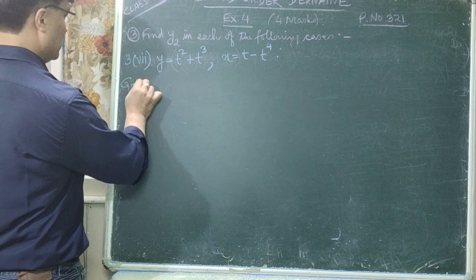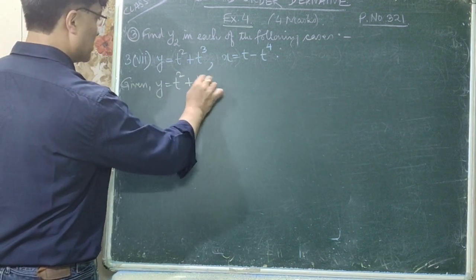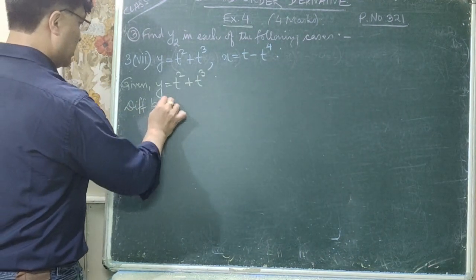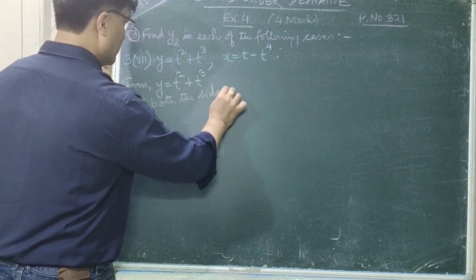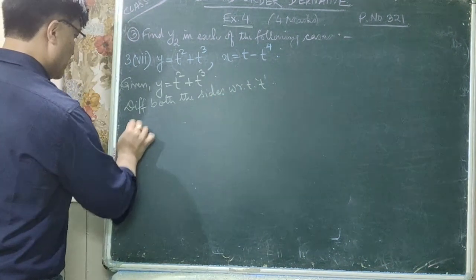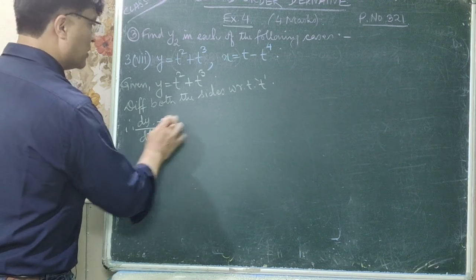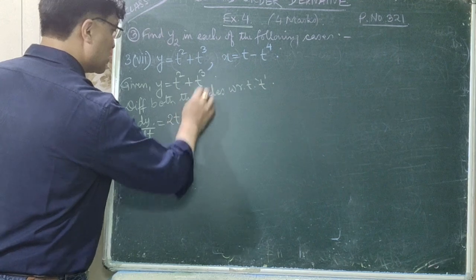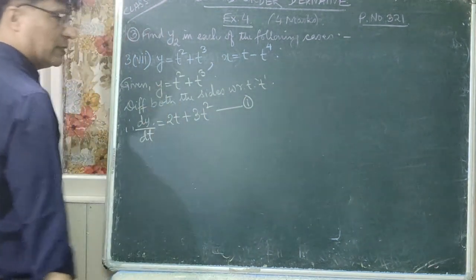So here given y is equal to t square plus t cube. So differentiating both the sides with respect to t, dy by dt is equal to, what is the differentiation of t square with respect to t? It is 2t plus t cube, this is 3t square. Let us mark it number 1.